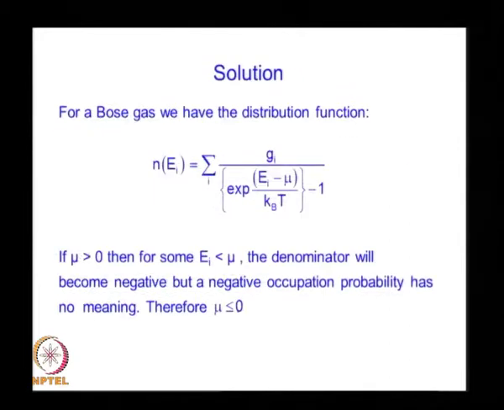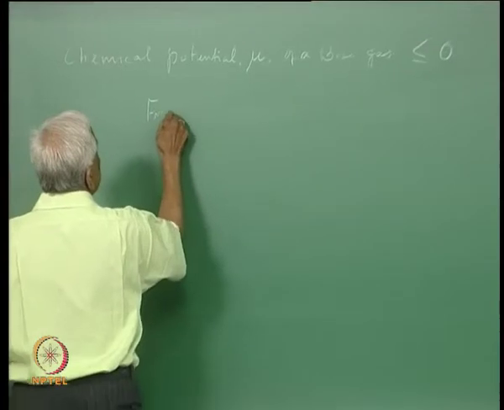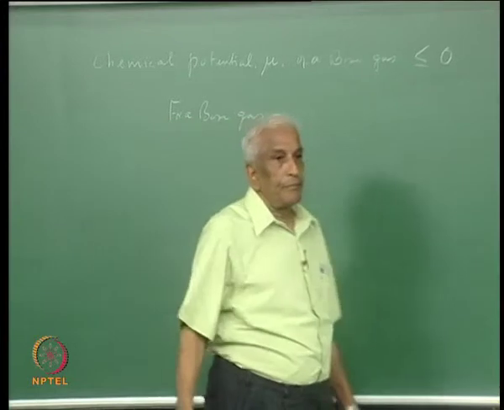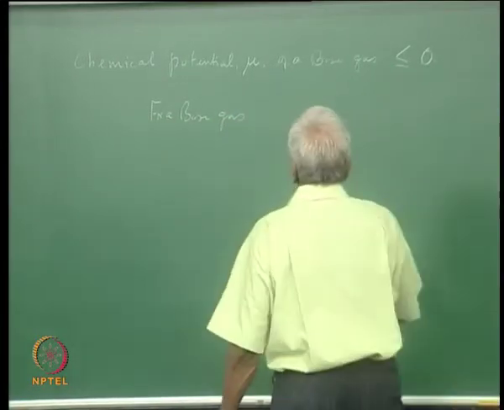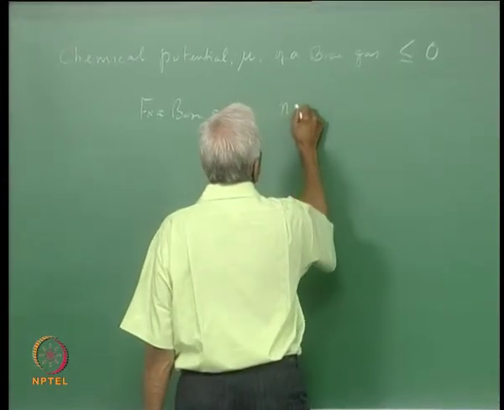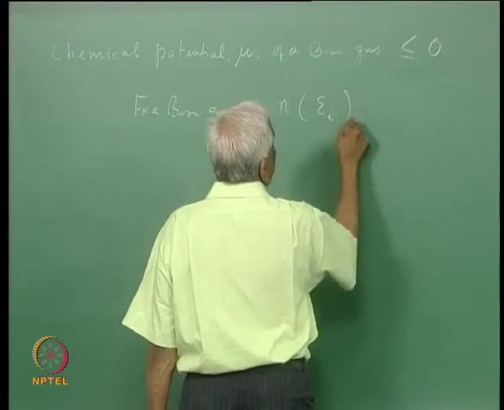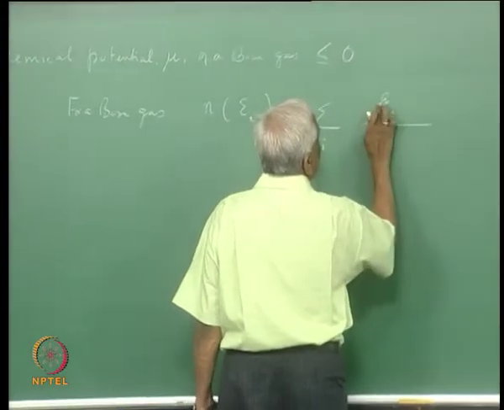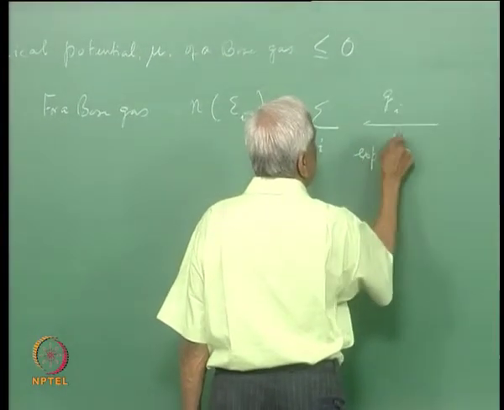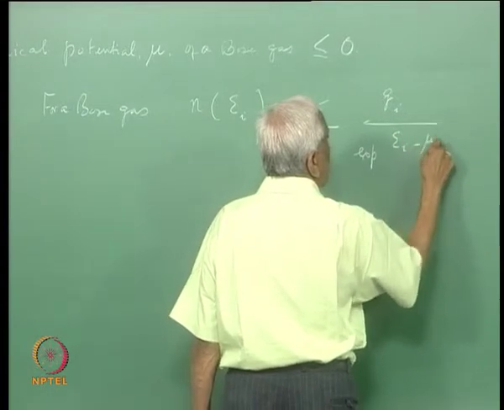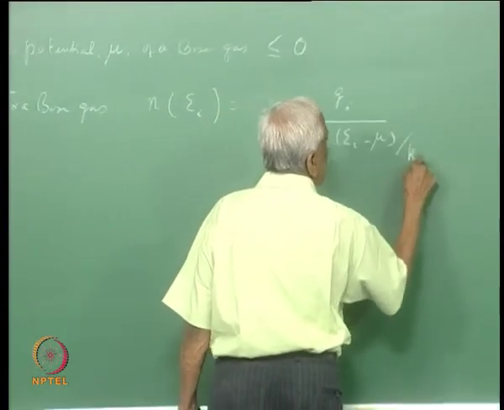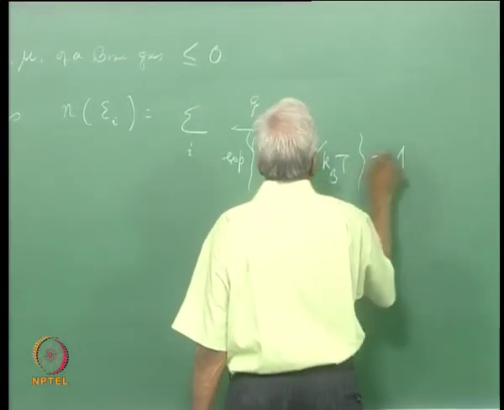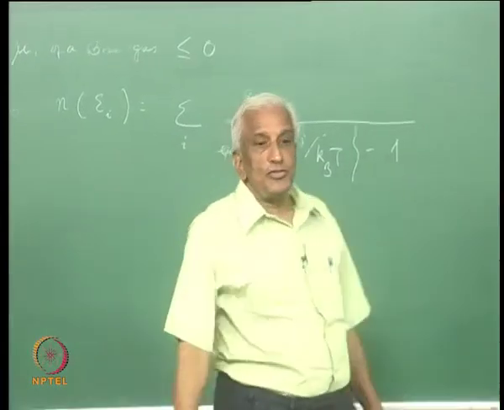We know that for a Bose gas, the distribution function has the typical form. That is the typical form of the distribution function.